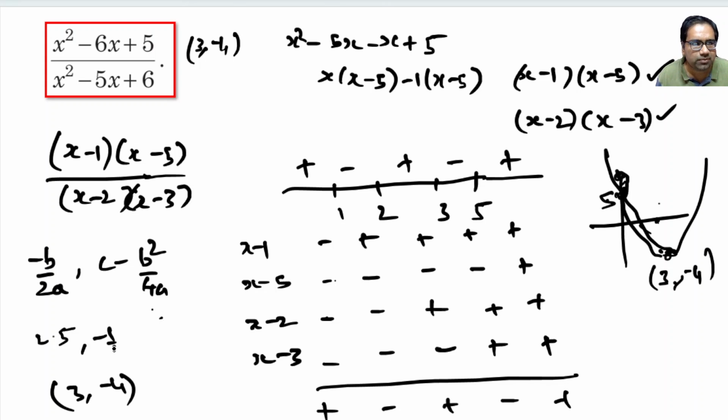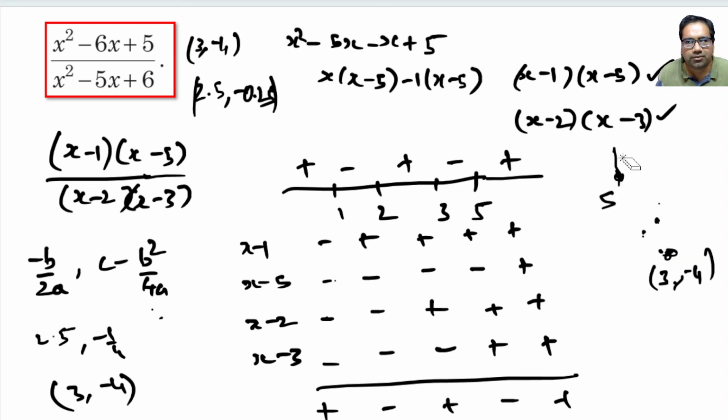So this is minus 0.25: 2.5 and minus 0.25. That is the vertex. So somewhere here is the vertex, and the graph is something like this. What is the y intercept? The y intercept is 6. Okay, so basically we have two graphs.